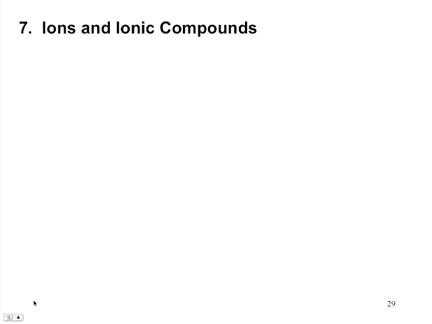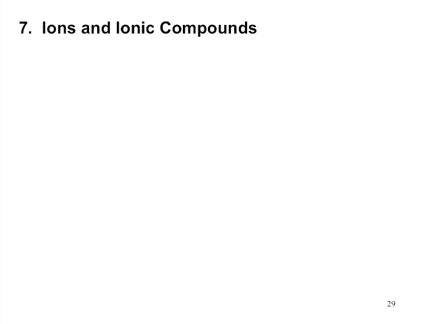Molecular compounds, and we stated that in general, if the elements in the compound are composed of nonmetals or even metalloids, usually the compound is going to be molecular. If the formula has elements of both metals with nonmetals, generally the compound will be ionic.